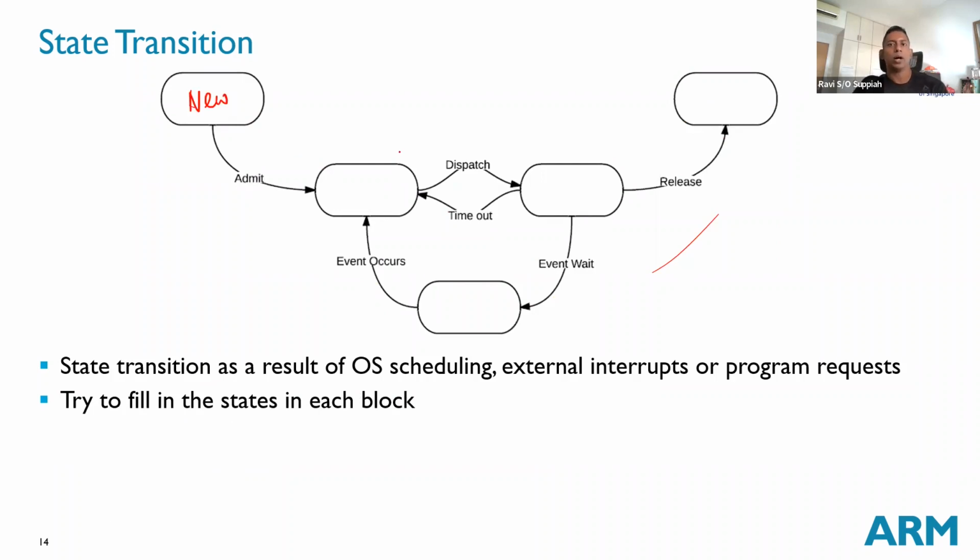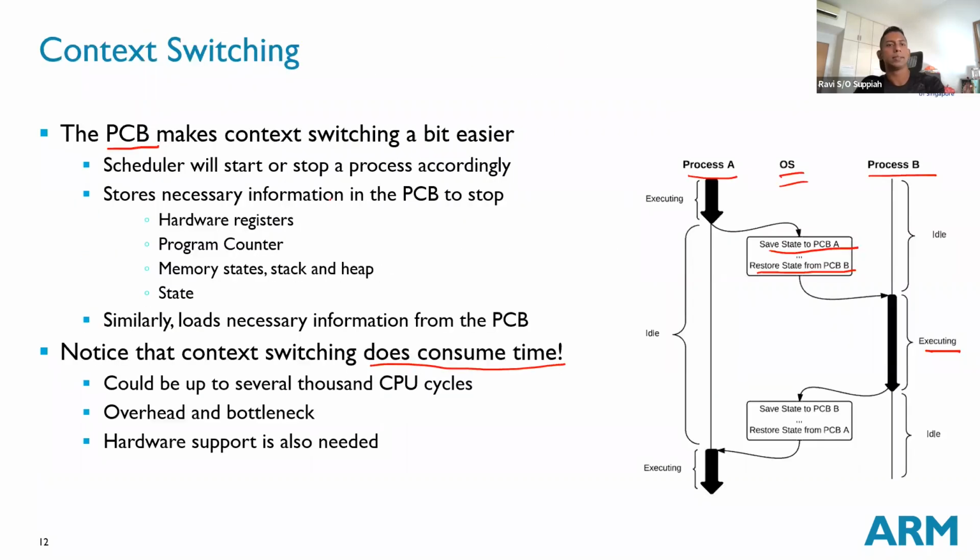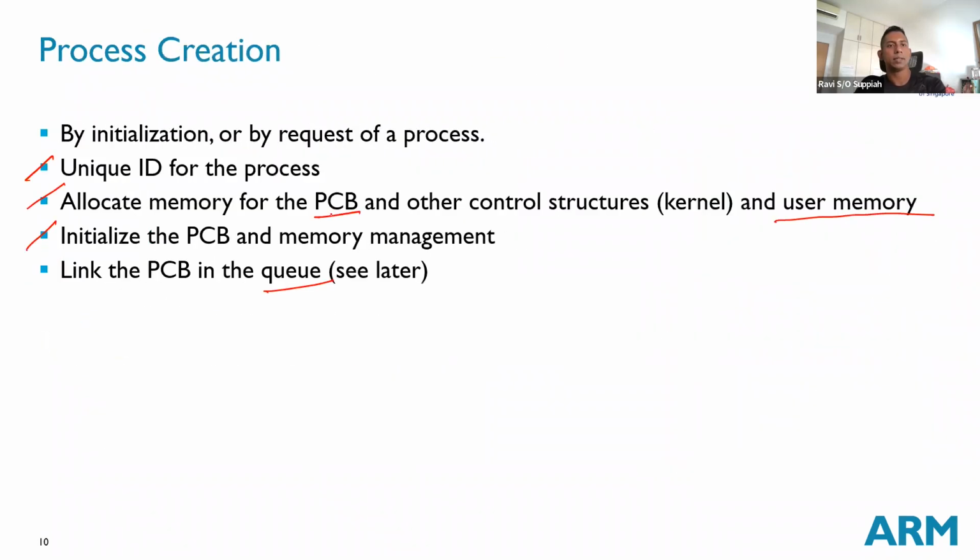That means you are creating a task for the first time. When I create a task for the first time, the OS will allocate the memory, initialize the process control block, and add it to the queue.